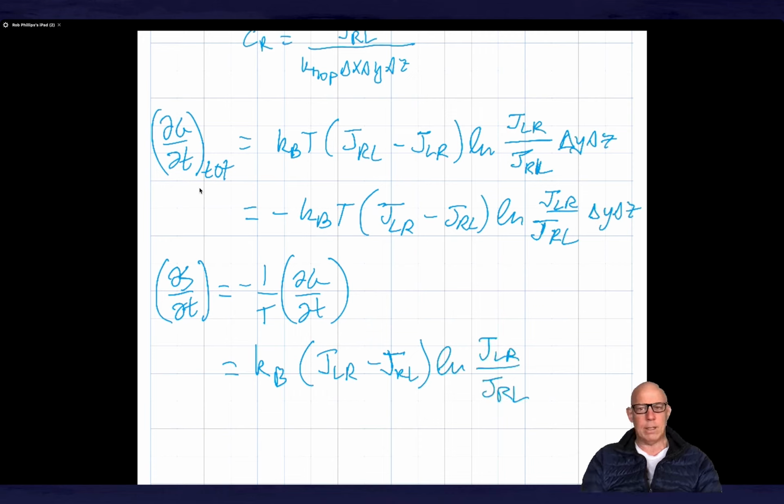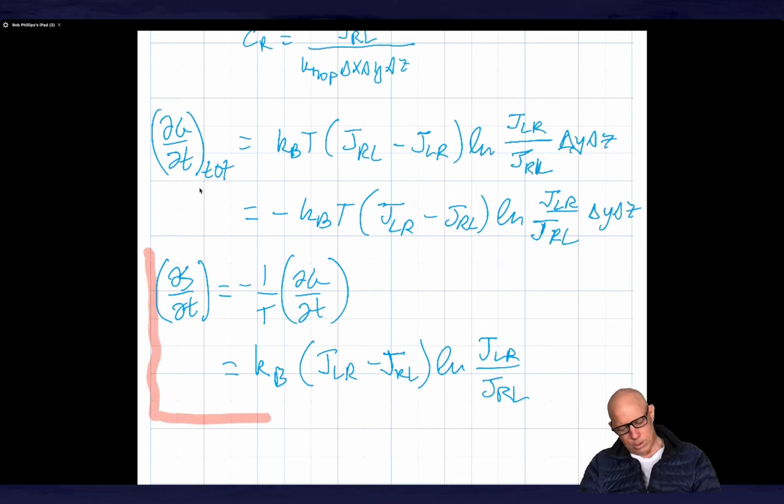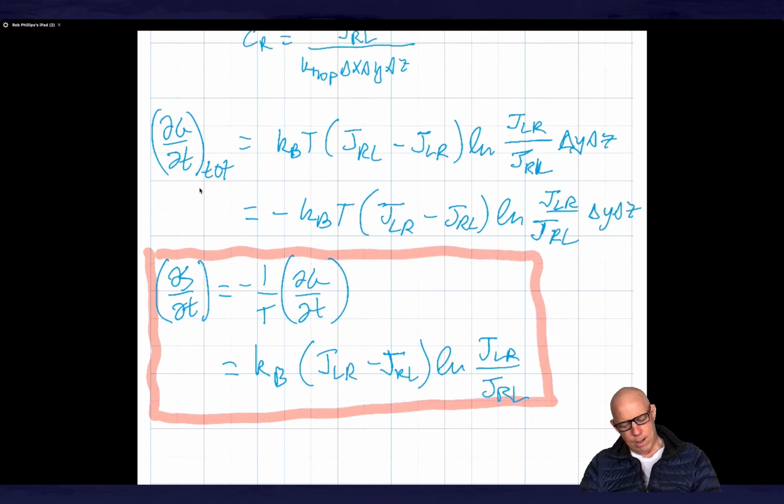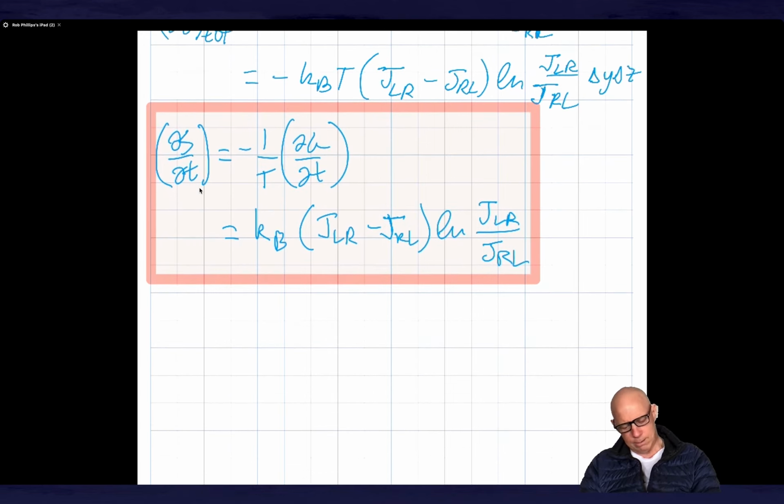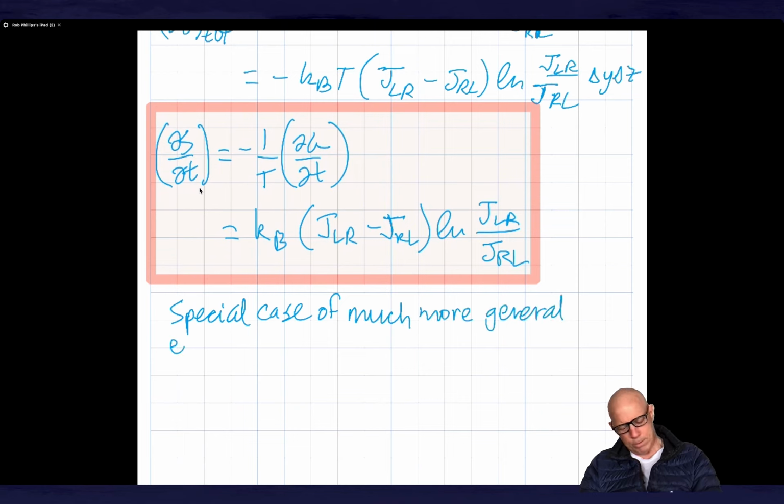This is my big result that I wanted to obtain as a precursor to the things we're about to tackle. This is a special case of the much more general entropy production theorem or definition. I don't know what to call it, law or something.